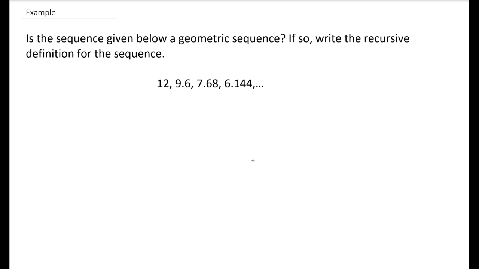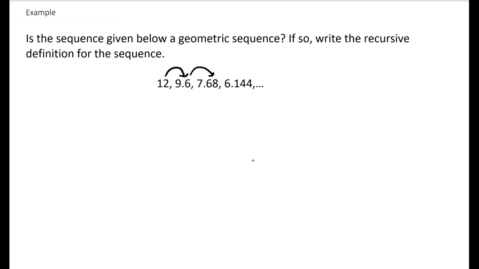All right, so let's look at another example. Is the sequence given below a geometric sequence? If so, write the recursive definition for that sequence. So we're going to see if there's a pattern in the numbers here. We want to see if there is a number that we can multiply or divide by to get to the next term.